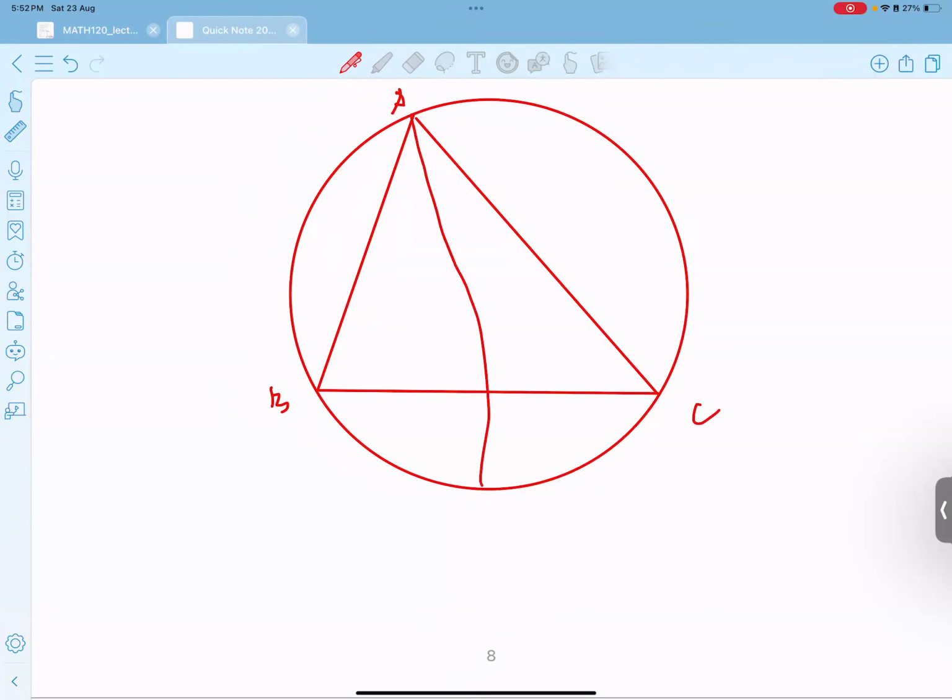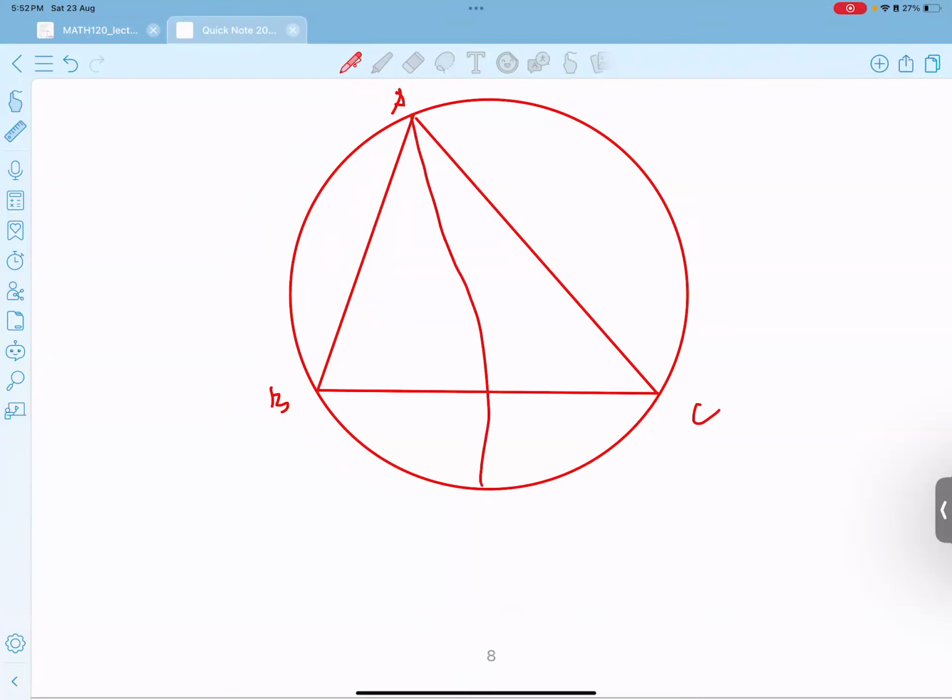So here I'm looking specifically at BI. I'm specifically looking at the triangle BIC. So in triangle BIC, by sine law, again we're going to use sine law.